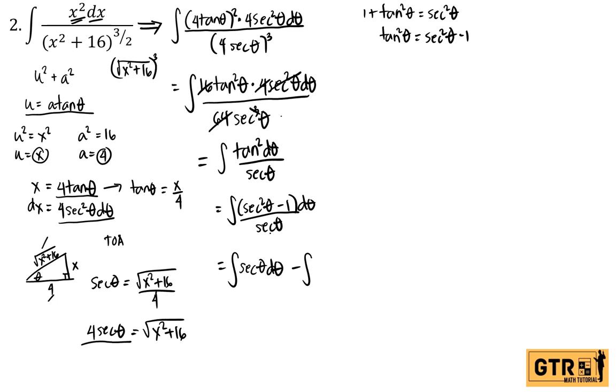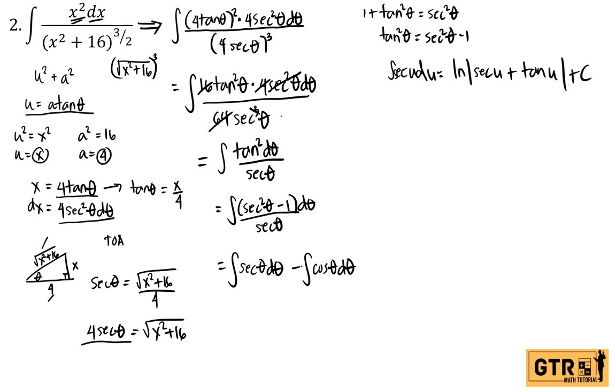What is the reciprocal of secant theta? Pag pumunta sa taas yan, reciprocal of secant is cosine. So therefore, we have cosine theta d theta. We now have a direct formula for these two integrals. We will use the integral of secant u du, the answer to which is ln absolute value of secant u plus tangent u plus c.